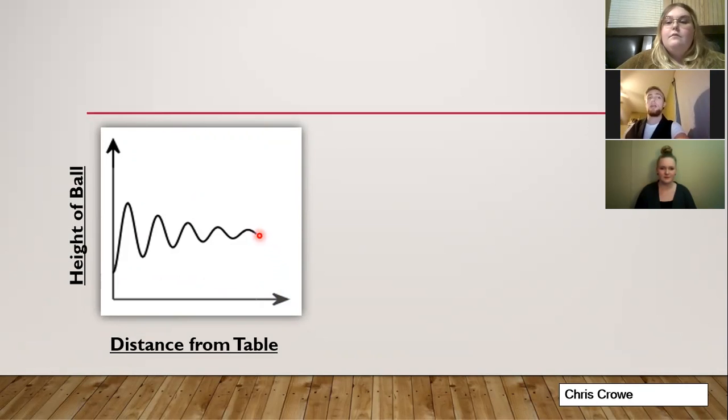So our x-axis is going to represent the distance from the table the ball bounces, and then the height is represented by the y-axis, and it will decrease as the distance increases, right?